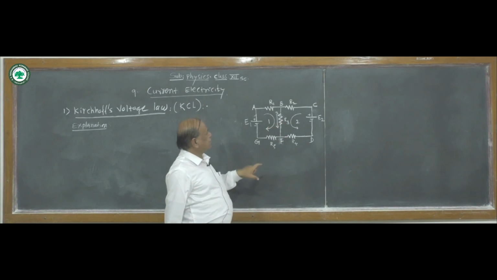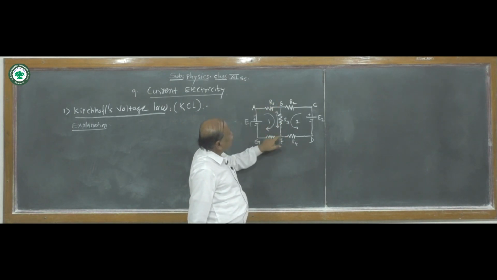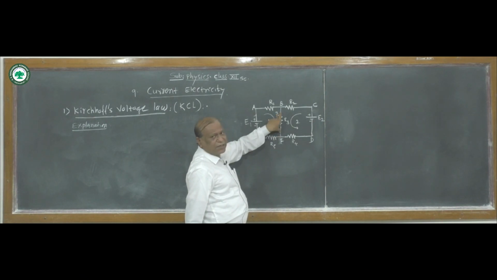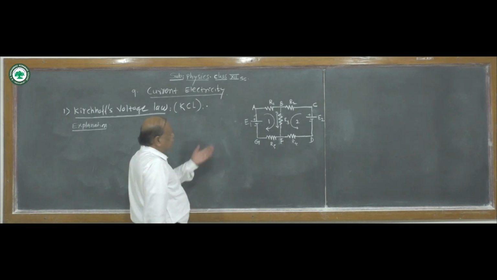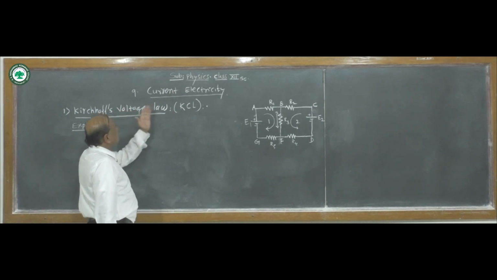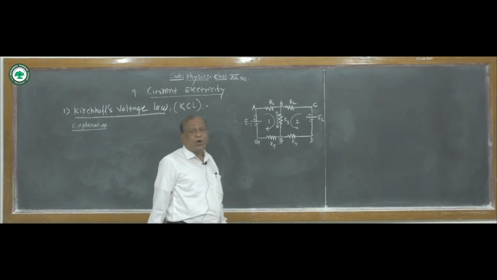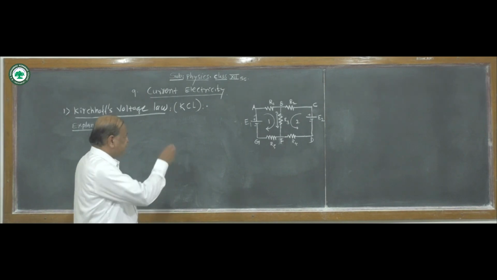The part between the two junctions is a branch of that network. This concept you already know. Now we have to explain Kirchhoff's voltage law considering the two sign conventions.